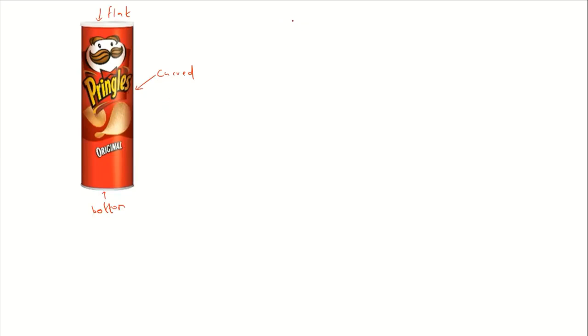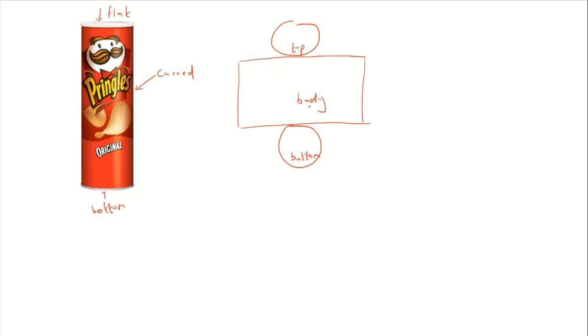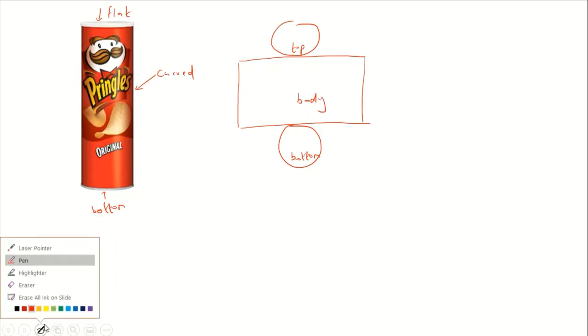But I still draw the net though. All right, it's good practice. So 2 circles and a body, like this. All right, another circle. As always, top, bottom, and body. Remember, in previous lessons, we've actually measured a can of Pringles.